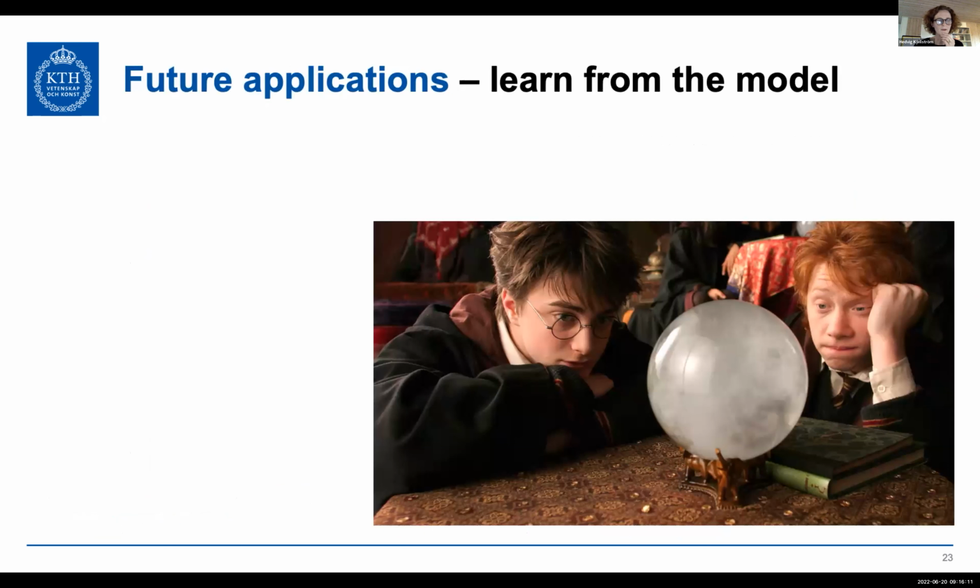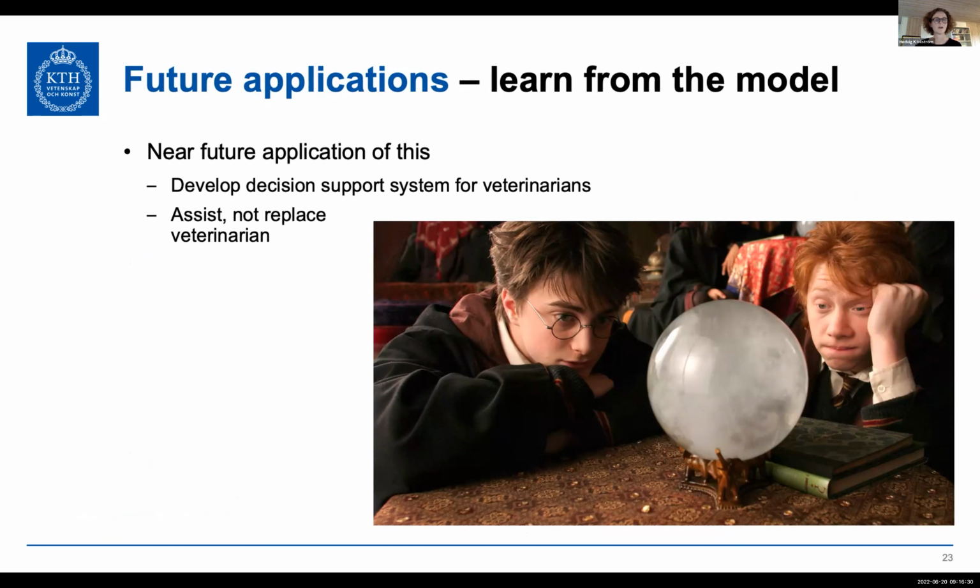So in the future, if we have these kind of models that we train with much more data, from a lot more situations so that it becomes really knowledgeable, then you could even learn things by inspecting the model.